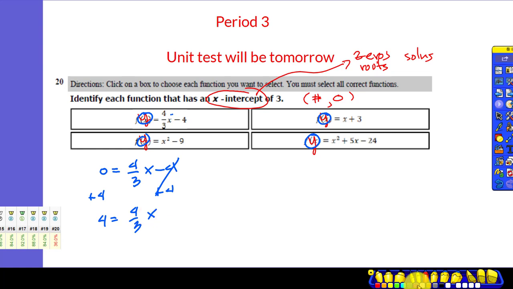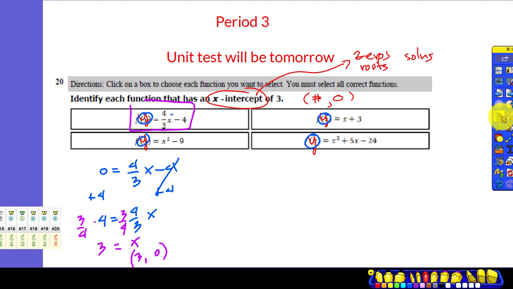Multiply by 3/4. So multiply this by 3/4. Same thing here, 3/4. So this will cancel out. This is just equal to 1. So we have 1x. And then 3/4 times 4 will just be equal to 3. So in this case, this will give us an x-intercept of 3. Okay, so that's my x, 3. My y is 0. So we have 3, 0.